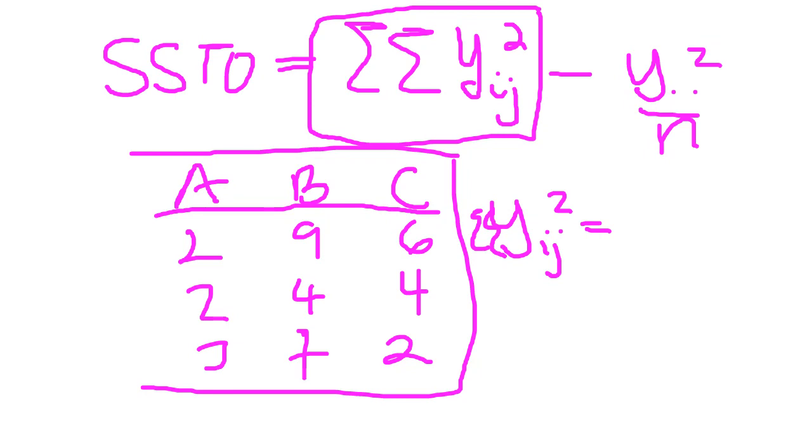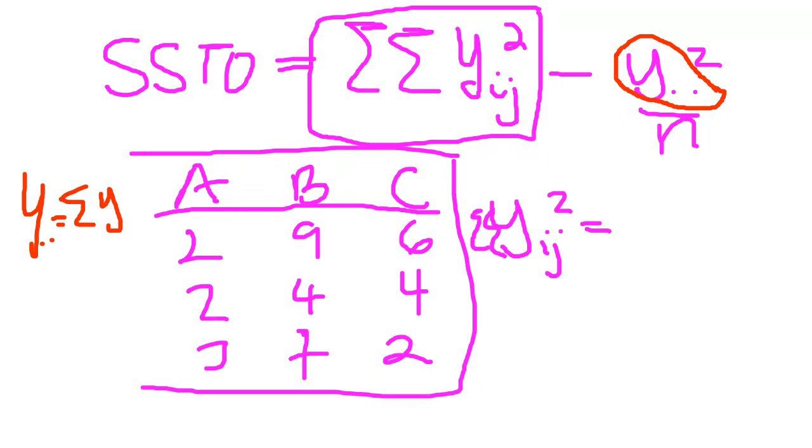We sum the square of the values. No, don't confuse what I'm asking with this one. My sister, when you sum all the values, you are getting y dot dot, isn't it? Y dot dot is the same as the summation of y.